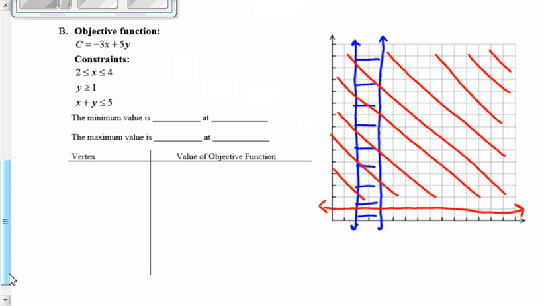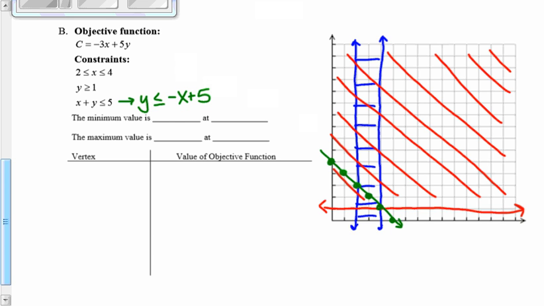And then we have this last equation, or inequality, and I've got to put it in slope-intercept form. So y is less than or equal to negative x plus 5. So I'm going to go up to 5, 1, 2, 3, 4, 5, and a slope of negative 1. Okay.